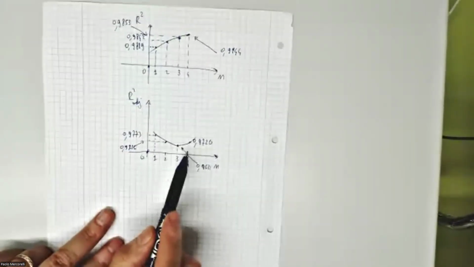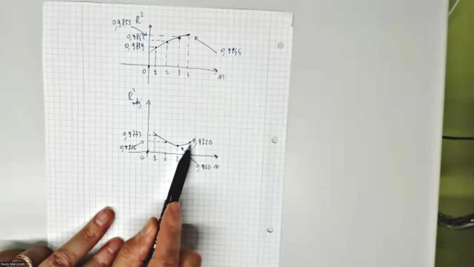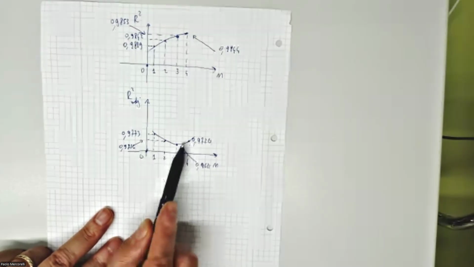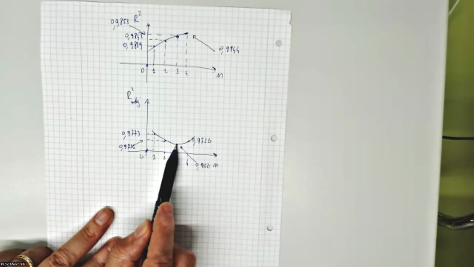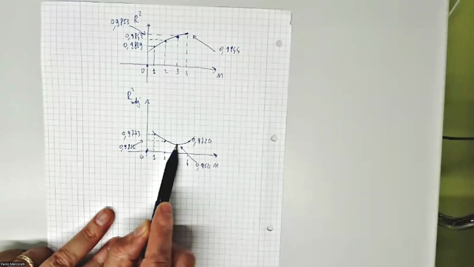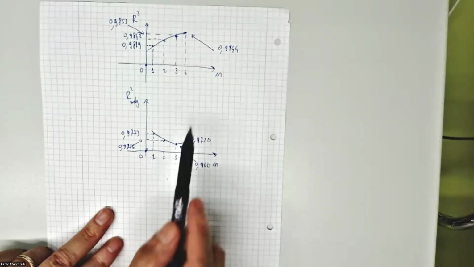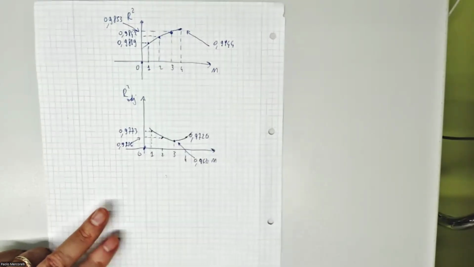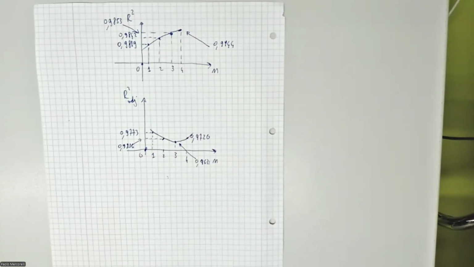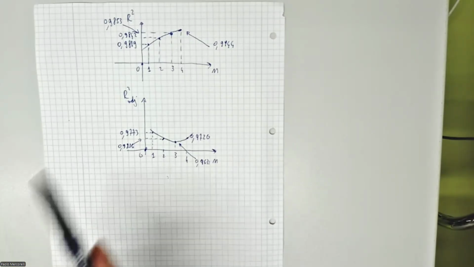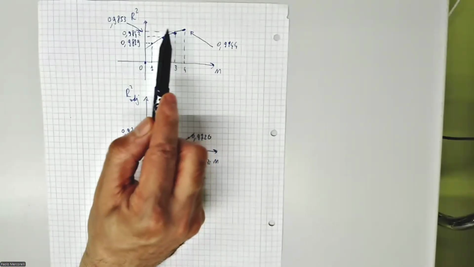Probably I can comment why we don't consider this. First of all, with respect to n, here n equal 4, R squared adjusted is not the best. It's true that we minimize SSE here much more than this one.